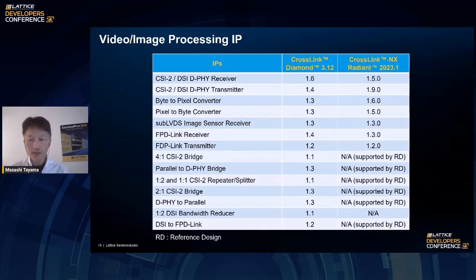CrossLink design is supported by the Diamond design tool, and CrossLink NX is supported by the Radiant design tool. In case of CrossLink NX, we support end-to-end design by different designs rather than IP, which gives customers more flexibility.